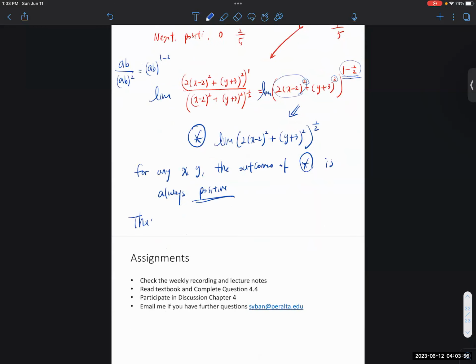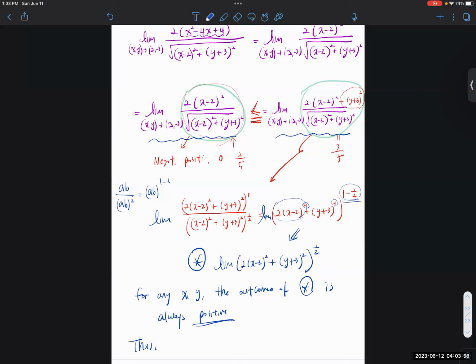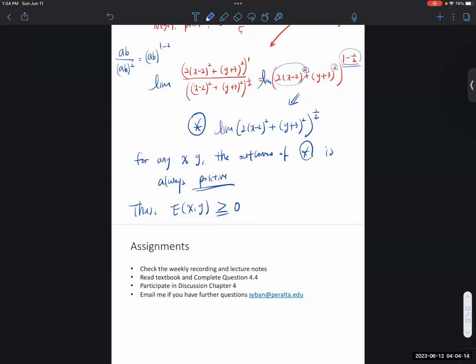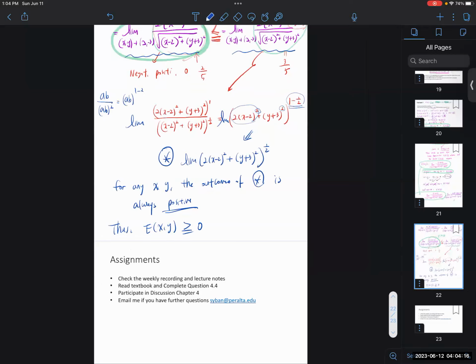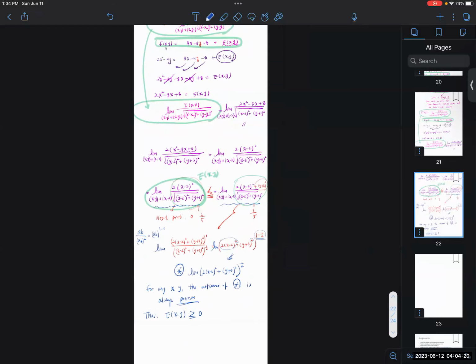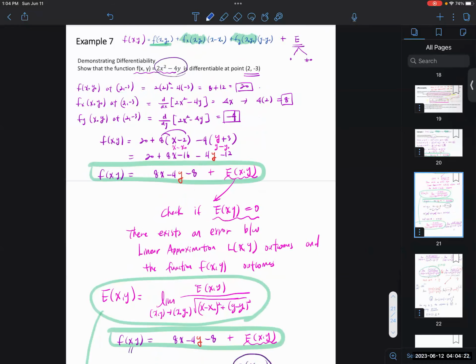Thus, the error E(x, y) is also greater than or equal to 0. So in this function, I just want to make sure this is differentiable.